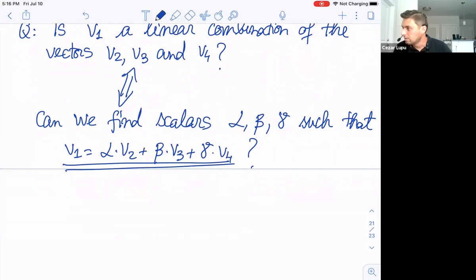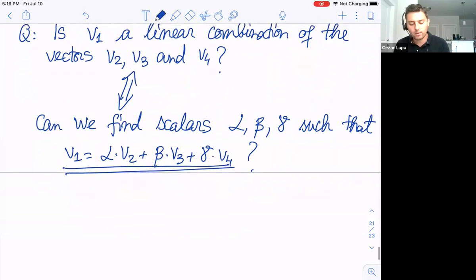Well, you can do it. I'm just going to tell you directly what the coefficients are, and then I'll show you how we can find a linear combination. In other words, you can ask me, how did you come up with those scalars alpha, beta, and gamma? Where did you get those scalars from?